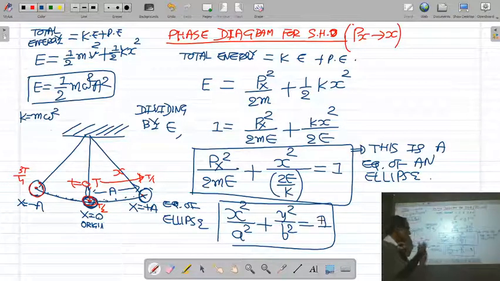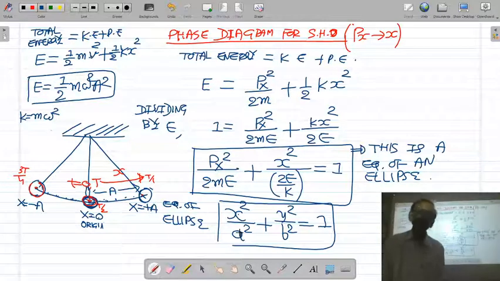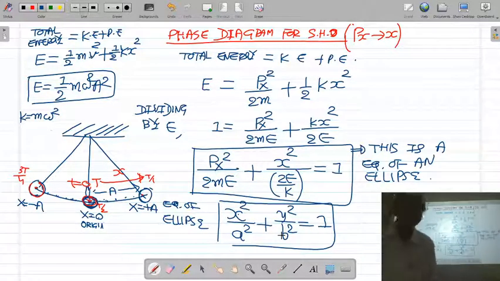Now this is the equation of an ellipse, x square upon a square plus y square upon b square is equal to 1. What is a here? A is called the semi-major axis of the ellipse. And what is b called? B is called the semi-minor axis of the ellipse.